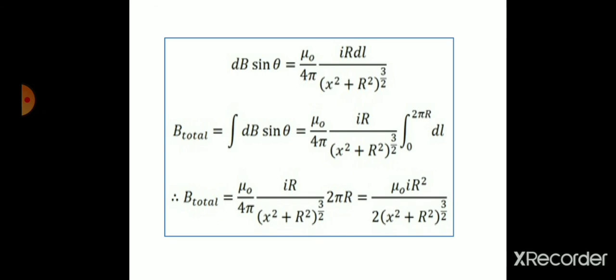This integration will be done from 0 to 2 pi R, that is along the total length of the circular loop, which is equal to 2 pi R. So B total, that is the total magnetic field, is equal to mu 0 by 4 pi I R by x square plus R square whole raised to 3 by 2 into 2 pi R, which is mu 0 I R square divided by 2 into x square plus R square whole raised to 3 by 2.